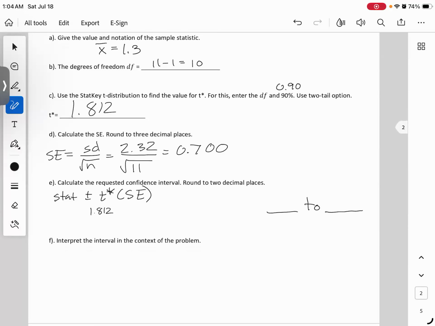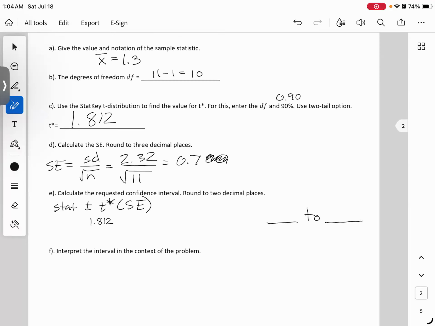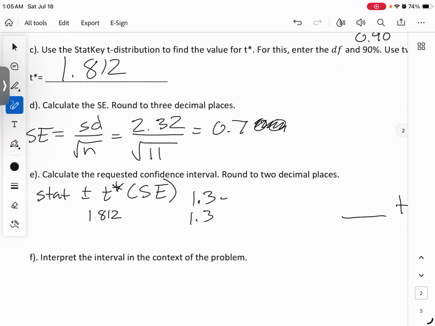And you don't need these extra zeros. So when you do your statistic, minus 1.812 times standard error, and that should get you your interval.